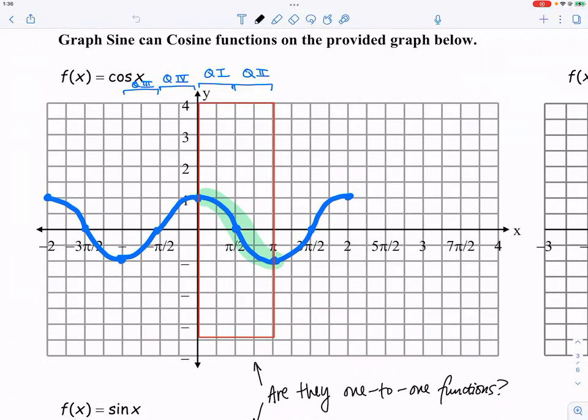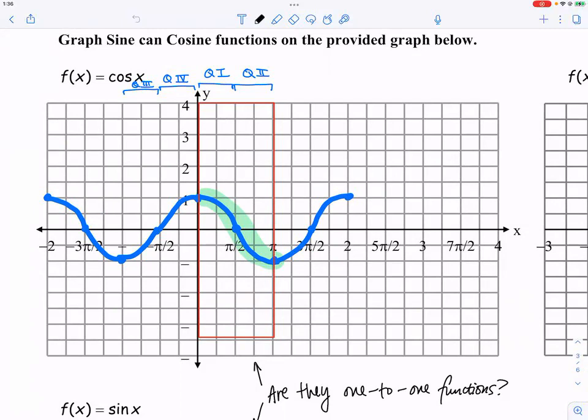Now, it's very important that you have these graph sketches in your head because you will need to know these restrictions by heart. But should you hard memorize, or should you refer to the graph and get it from the graph?